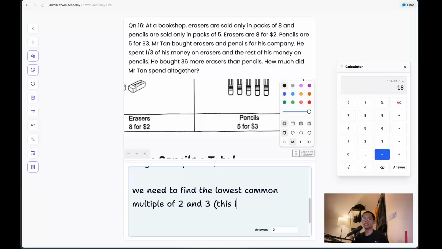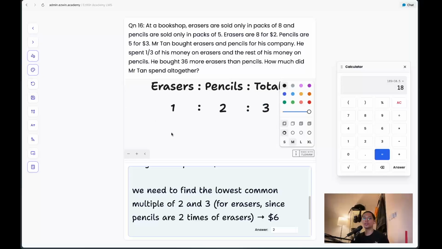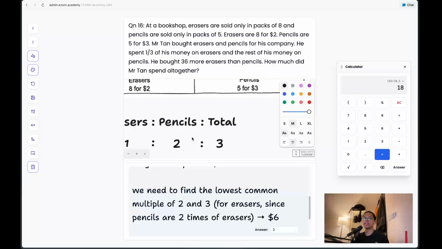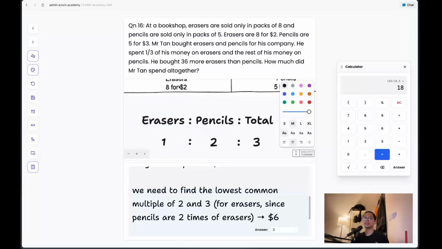Since pencils are 2 times erasers, if the erasers over here are $6, can you guess what the pencils are? The pencils are $12 because it's just 2 times. And $12 can be divided by 3 and $6 can be divided by 2.